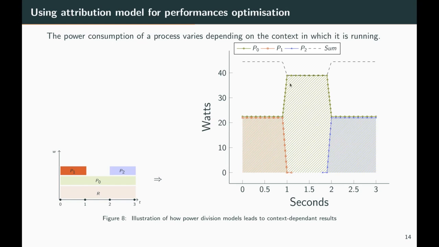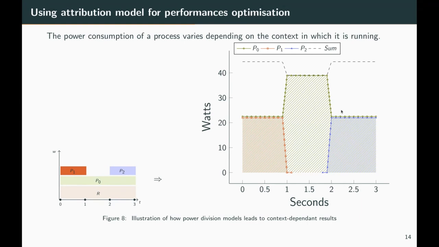And then when the blue application starts, I will see a decrease in the energy consumption of the green application. Does it mean that the green application is now doing less work? Absolutely not. It just means that the green application is now running on a more energy efficient server because of the arrival of the blue application.